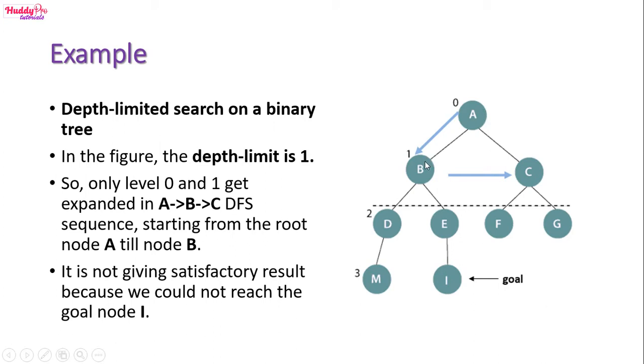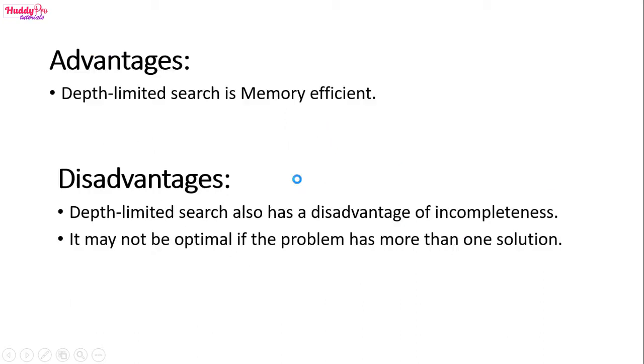Remember, it works like the depth first if there is no limit, so it would be A, B, D, M, then E, and then I. But now there is a limit, we cannot find the goal node I.